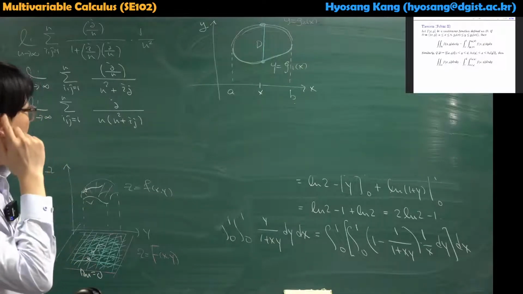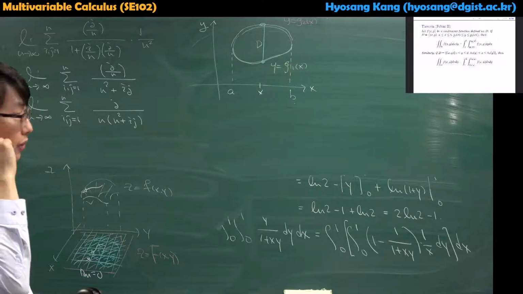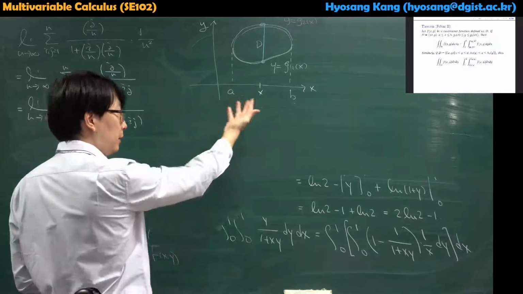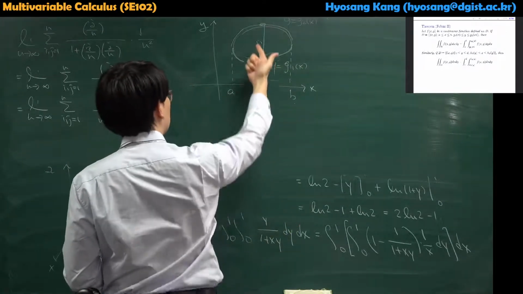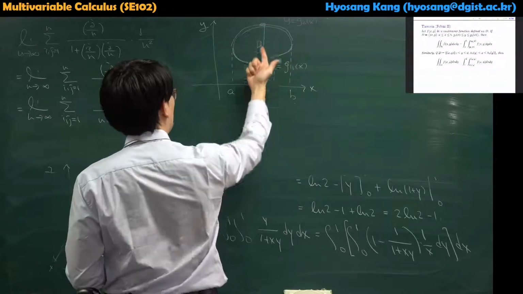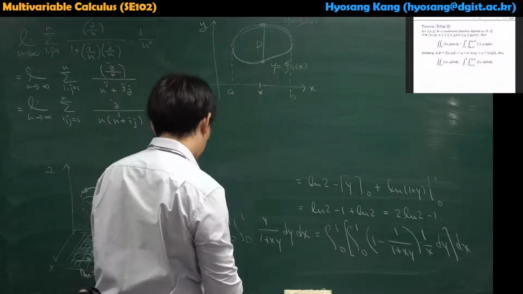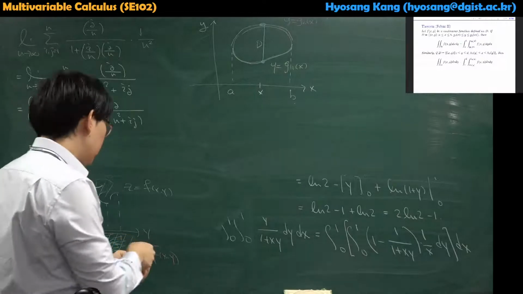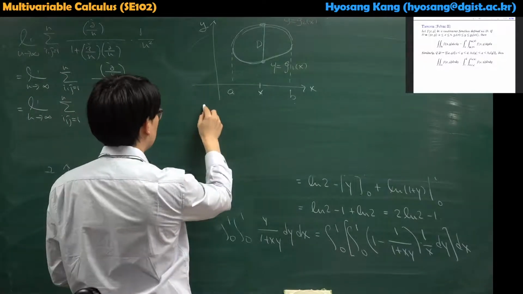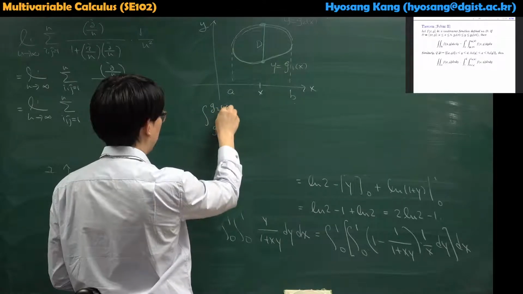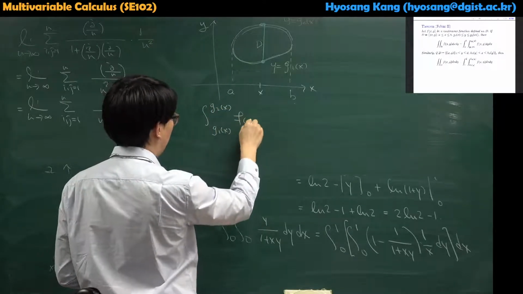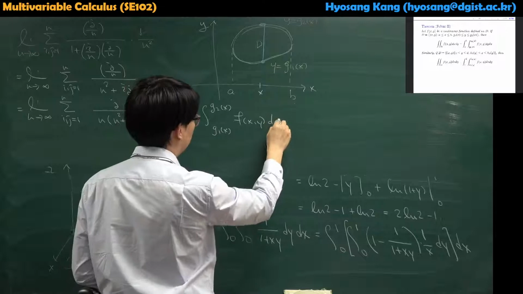So I'm going to take the integration on y first, by fixing x, considering x as a constant, and computing the integration over this blue line here. So think about the integral from g1(x) to g2(x) of f(x,y) dy.